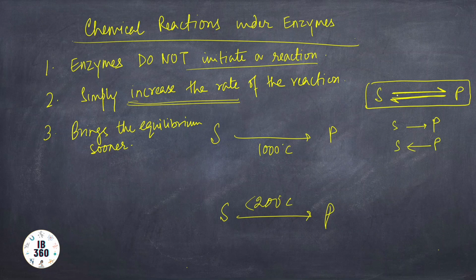But equilibrium is that state when both the forward process and the backward process are occurring at the same rate, and there is stability. So the rate of S to P and the rate of P to S, that is, when R1 equals R2, this is equilibrium.